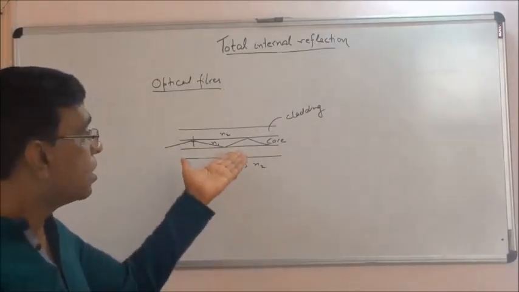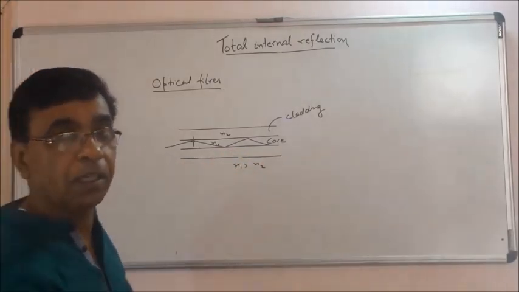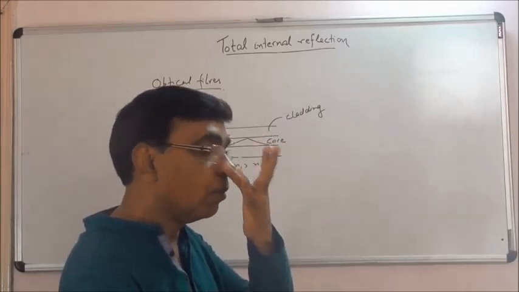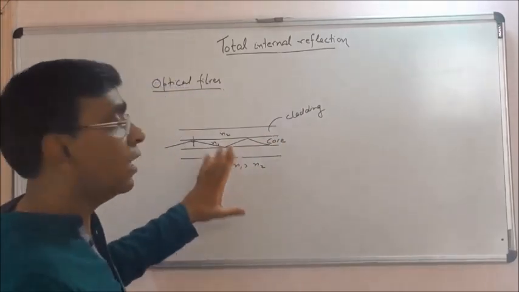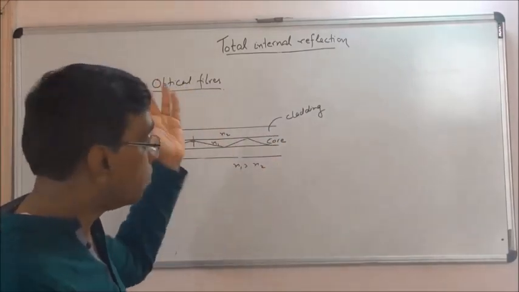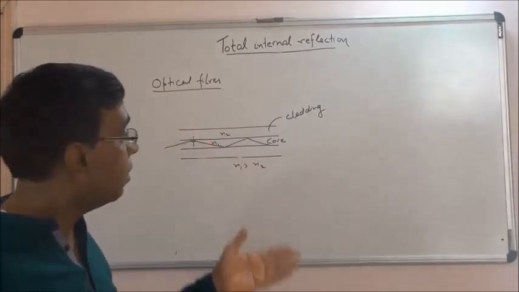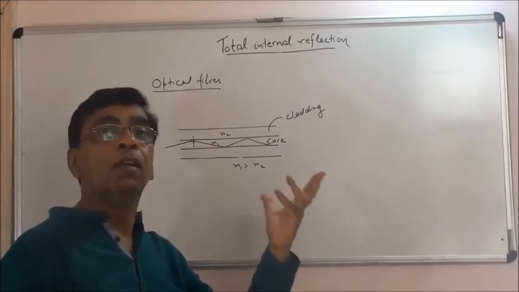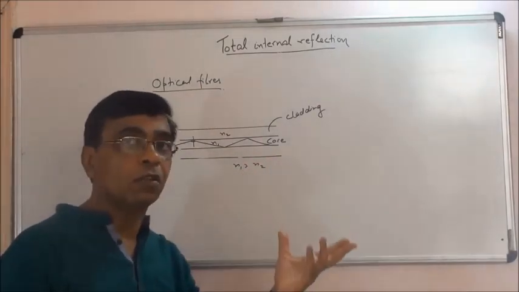And further, this is glass, so it doesn't degrade easily. Optical fibers don't degrade. So that's why the life of optical fibers is much more. Quality is better, there are no losses, heat losses are also not there, and radiation losses are also minimized.